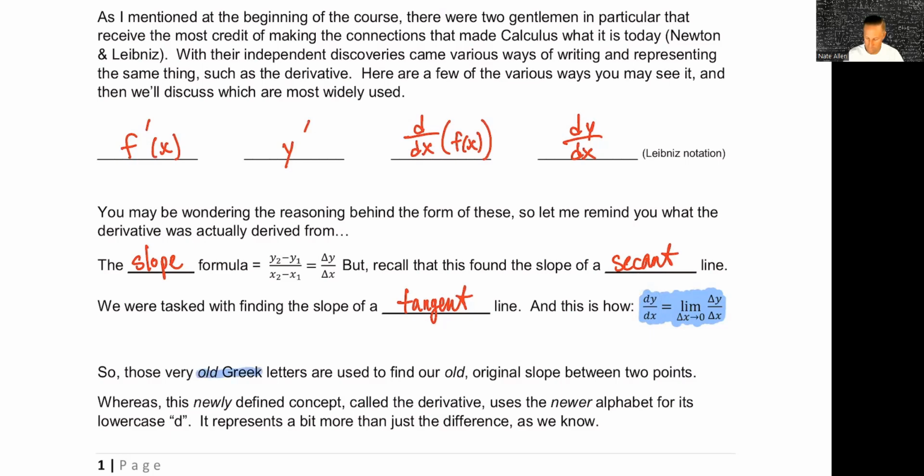The old Greek letters find our old original slope, where the newer alphabet, the lowercase d's, represents more. It's the newly defined concept we call the derivative. Okay, so the old stuff, slope formula. The new variables, the d's, is the new concept, the derivative.